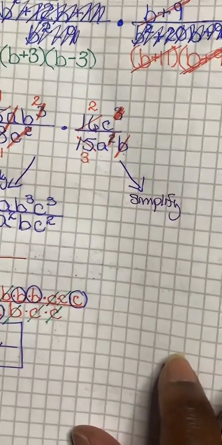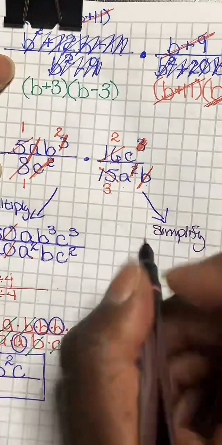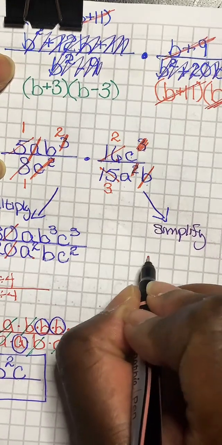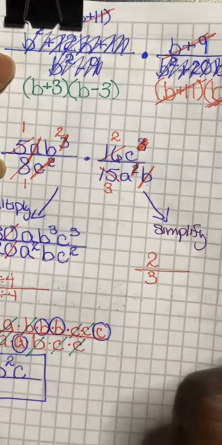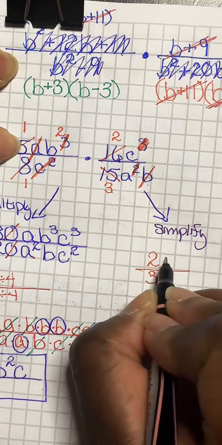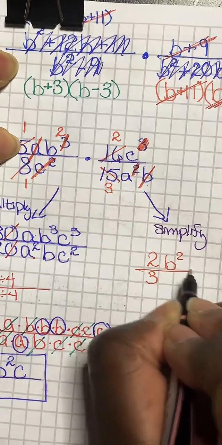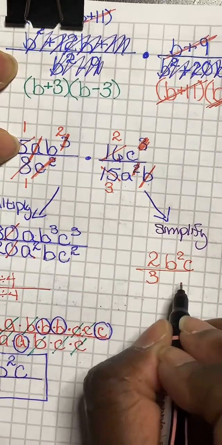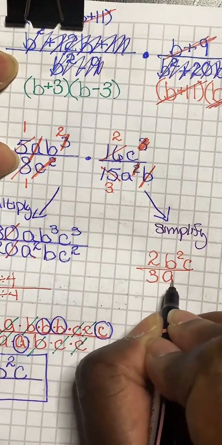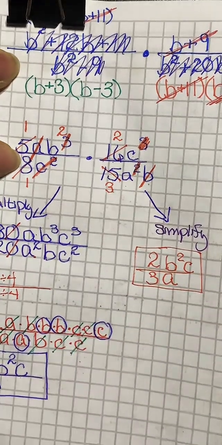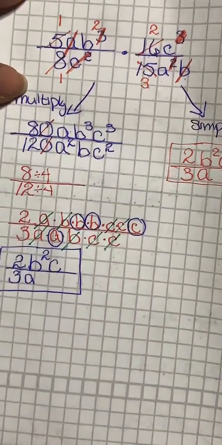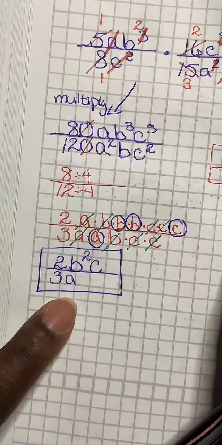So if we want to clean this all up, we're simply going to say our 2 over 3. And what remains in the numerator is my b squared, c. And what remains in the denominator is my a. And if you notice, you get the same answer.